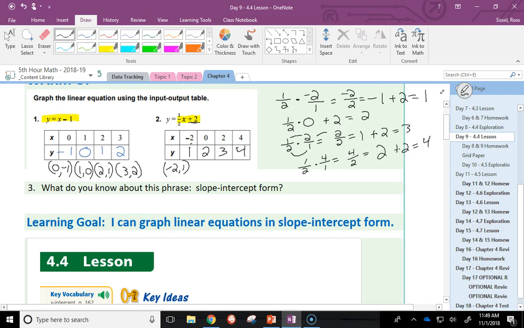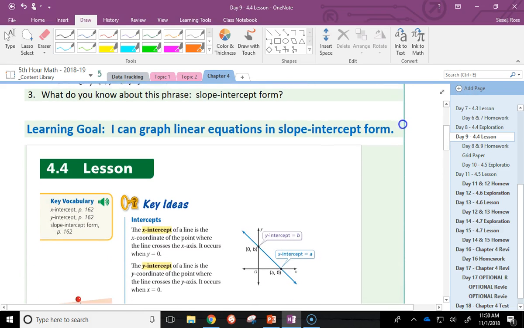Agree? 0, 2. All right, Wade, what would be this next one? Parentheses, 2, 3. All right, the last one. Parker. 4, 4.